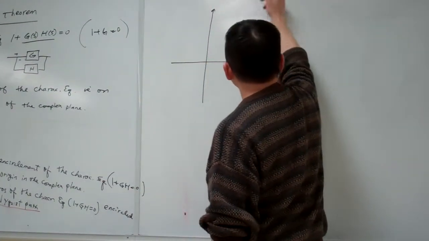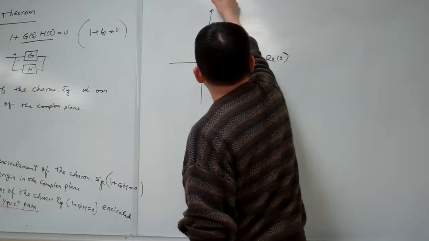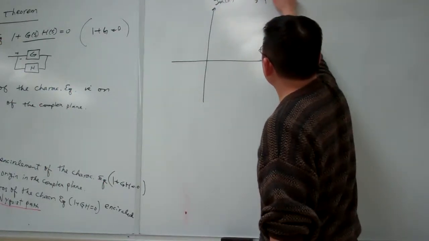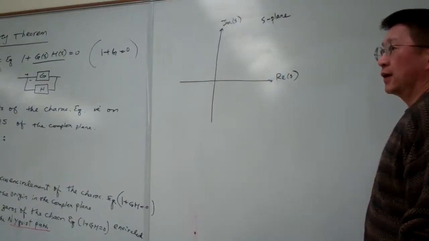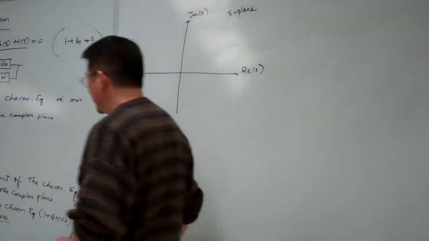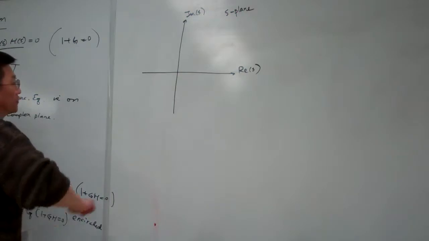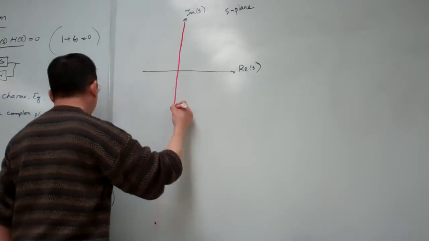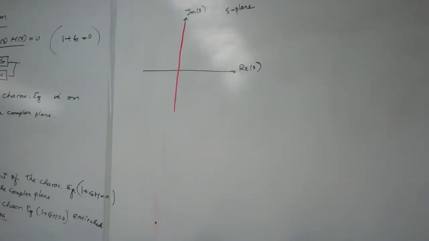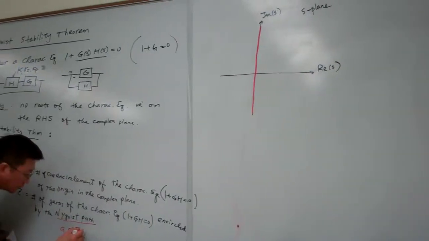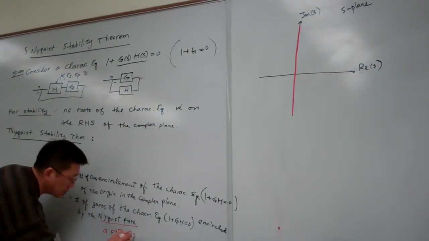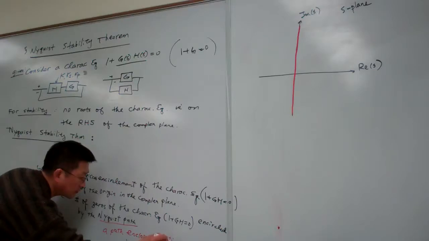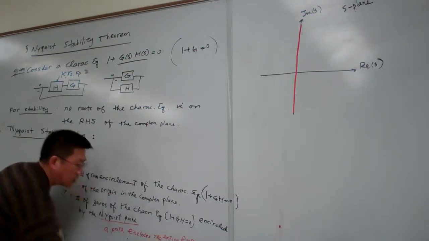So in the complex plane, I would say the complex s plane, okay? And the Nyquist path is defined by this. Basically, the Nyquist path is a path that encloses the entire right-hand side of the complex plane.